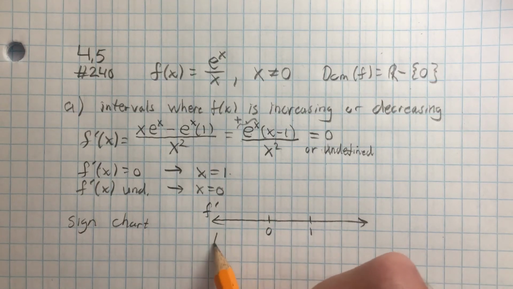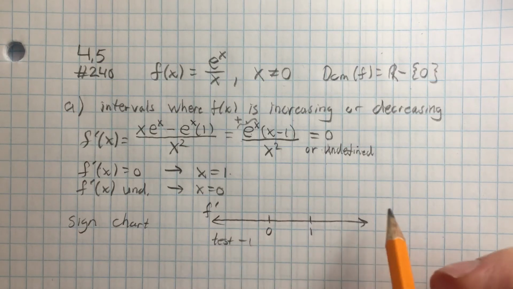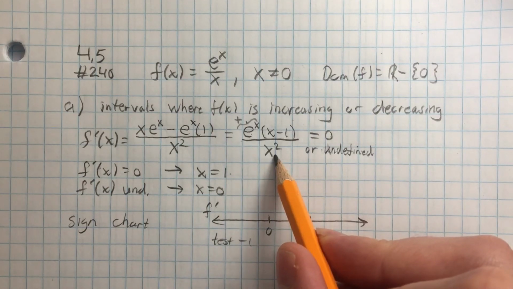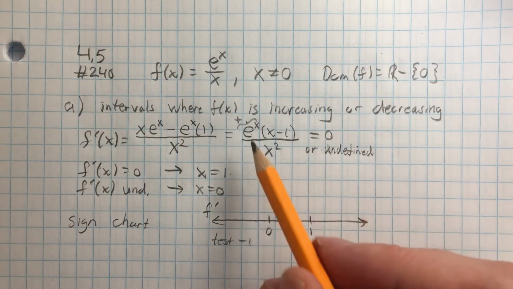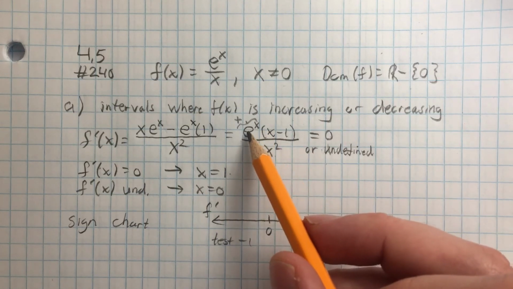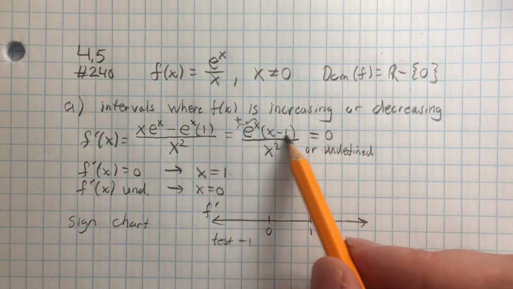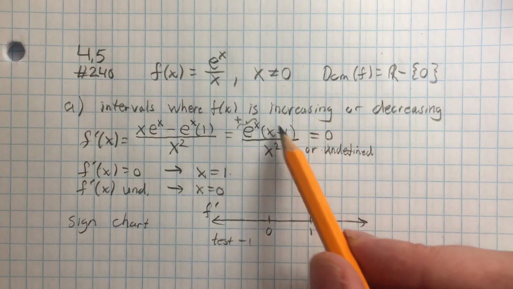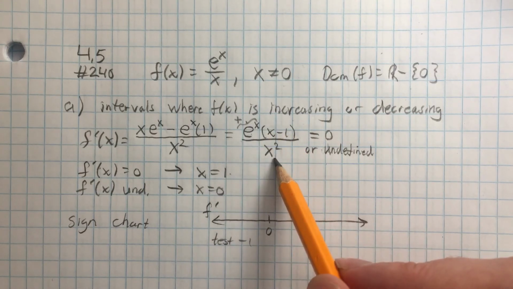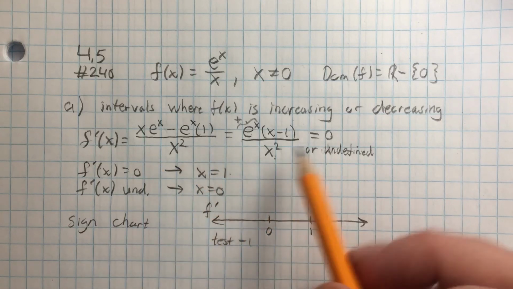Okay? We'll test -1. The bottom is positive for sure. It's a square, so that's always positive. And this is always positive, right, because it's an exponential function. The only question is really on this factor. This factor controls the sign of the whole thing because these two can have no impact on the sign of the derivative there.